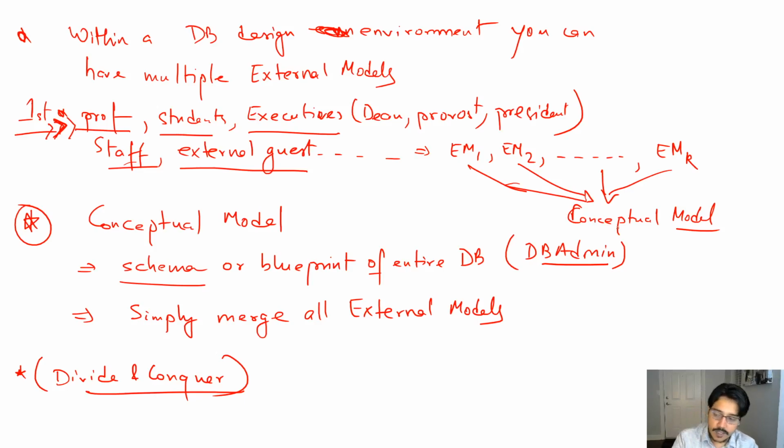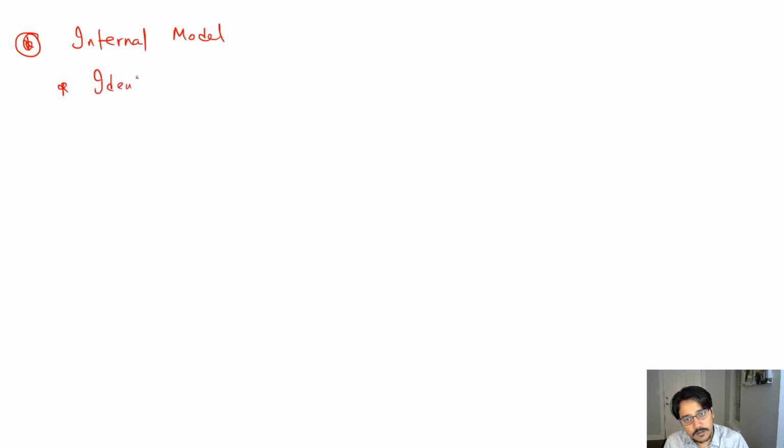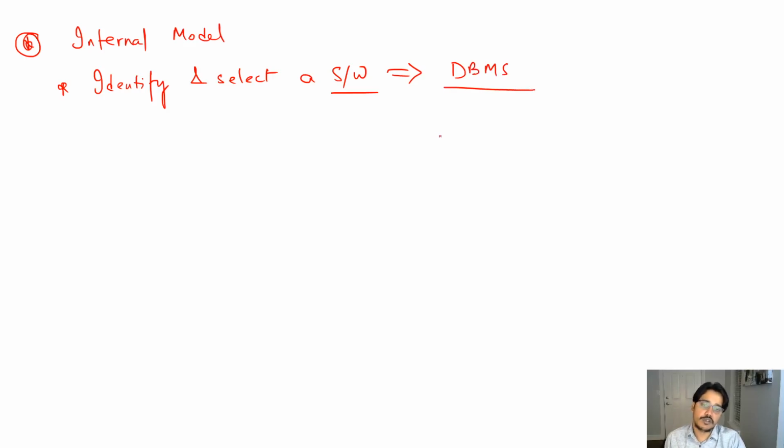Okay, so thereafter, if you're trying to implement it, the next step will be to develop the internal model. So here you will identify and select a software. Software basically implies which database management software you are going to use.